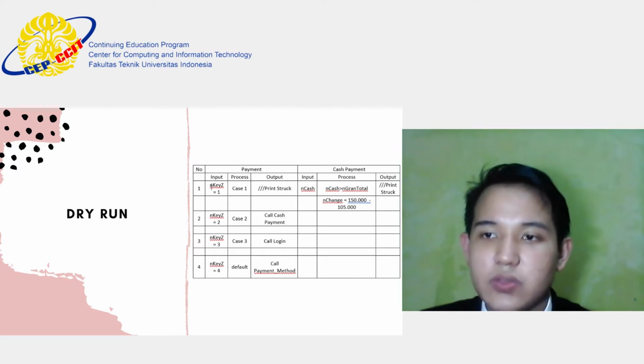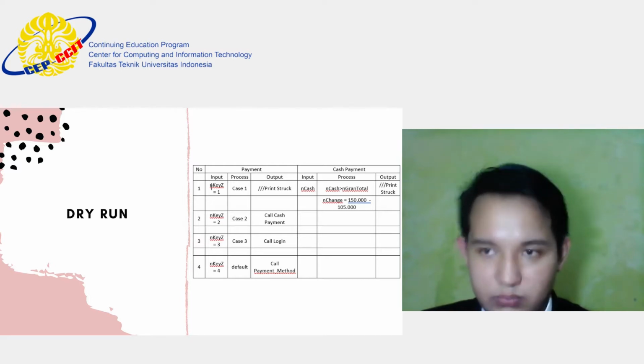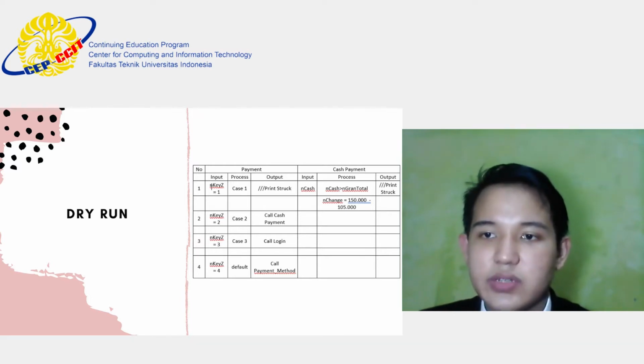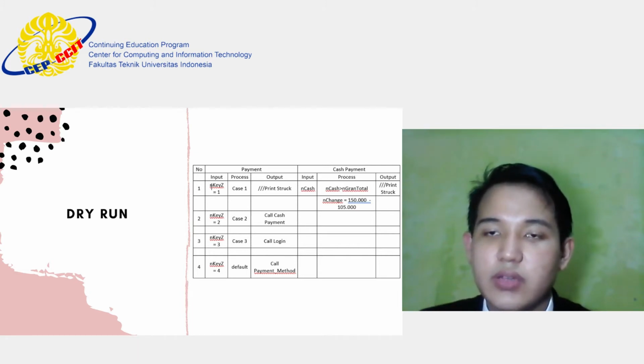The output will print struk, and in the print struk there's n change. The n change process is ncash minus n grand total, and in this dry run, the cash is 150,000 minus 105,000. That's all. Thank you.